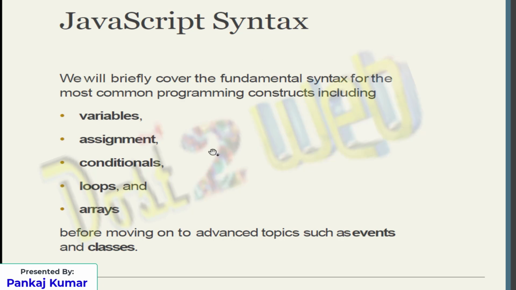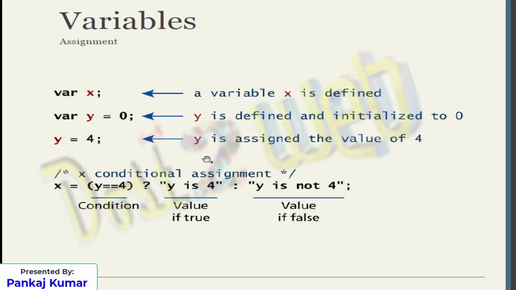We are going to see all about variables, assignment operators, conditional operators, loops and arrays. These are the things we are going to see. And you can even move to advanced topics like events and classes, and how you can use them.